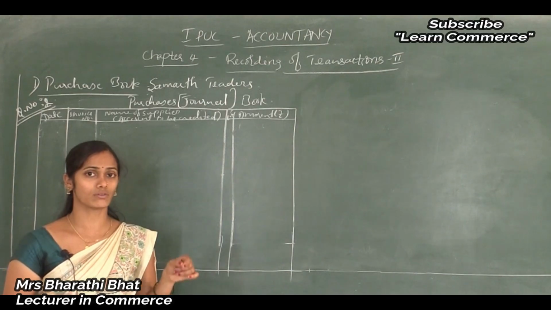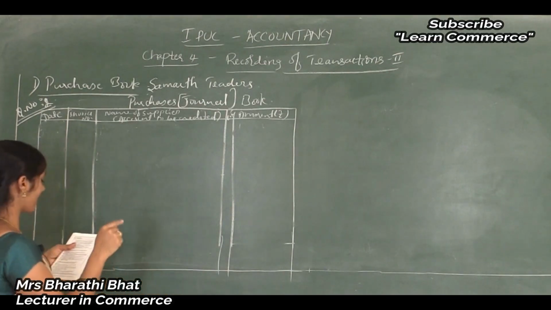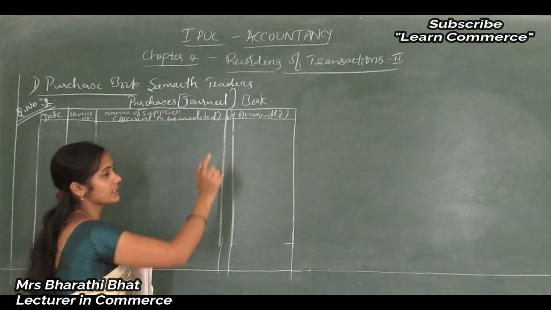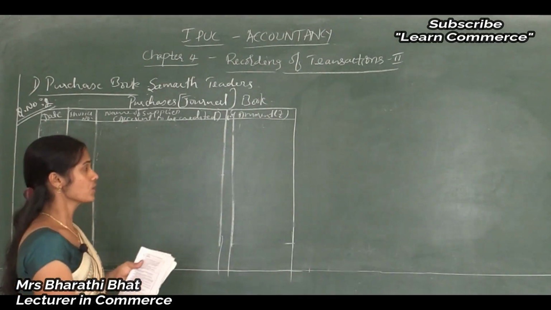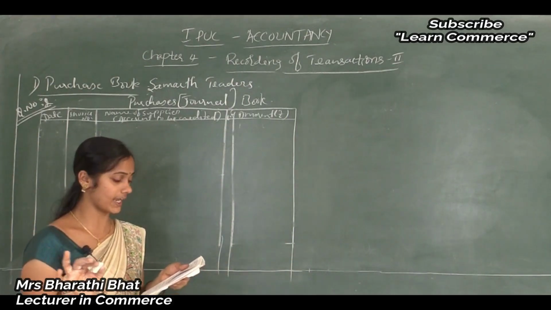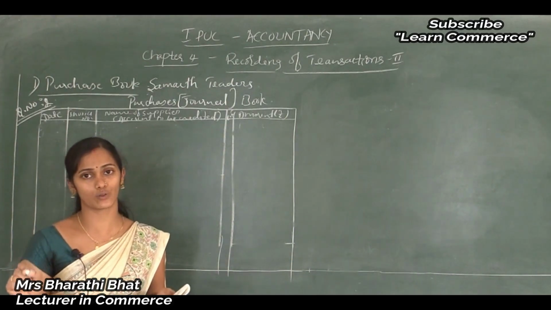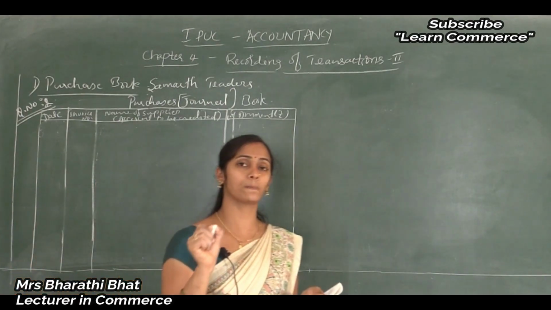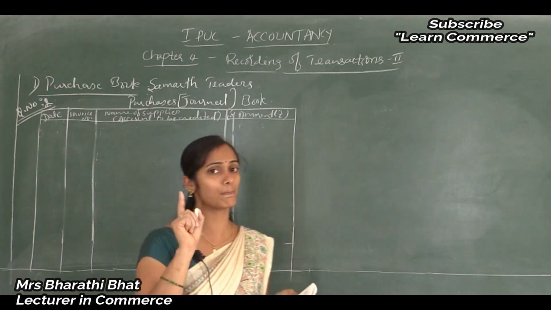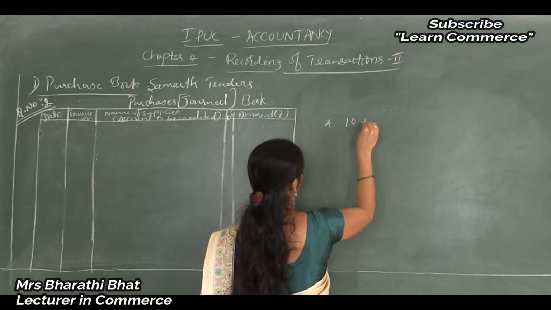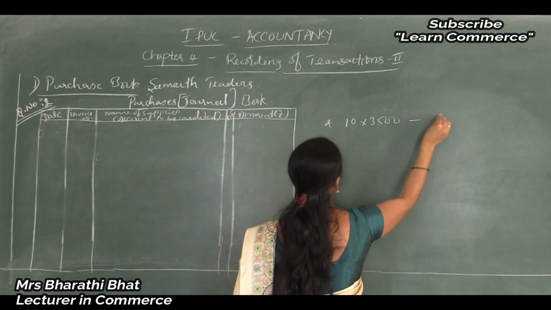Then we have to multiply 10 into 3,500 and write the amount in the amount column. Clear now? See the transaction once again: purchased from Mandya Sugar Mills 10 quintals of sugar at rupees 3,500 per quintal. See the first one, 10 into 3,500 sugar.